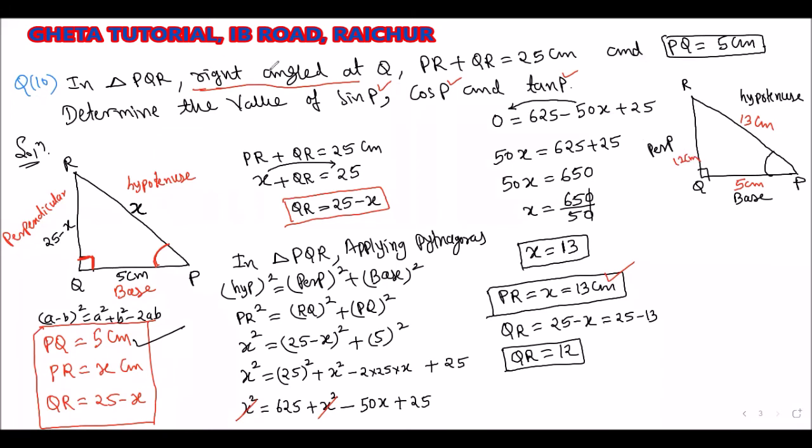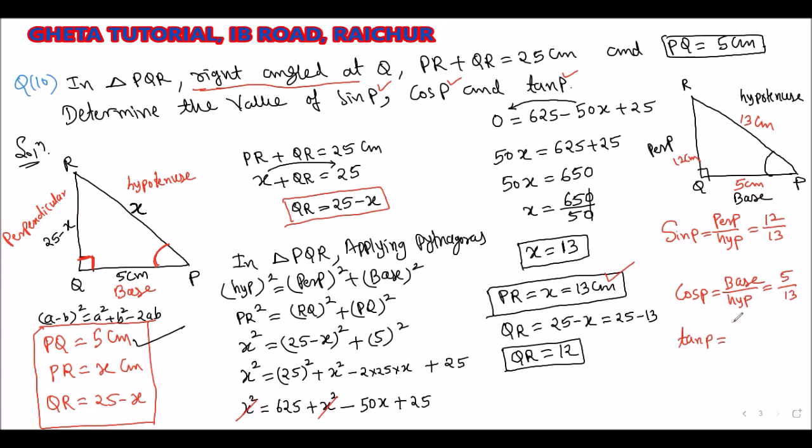Now easily we can find sine P. Sine P is perpendicular by hypotenuse. So perpendicular is 12 and hypotenuse is 13. Similarly, cos P is base divided by hypotenuse, so your base is 5 divided by 13.